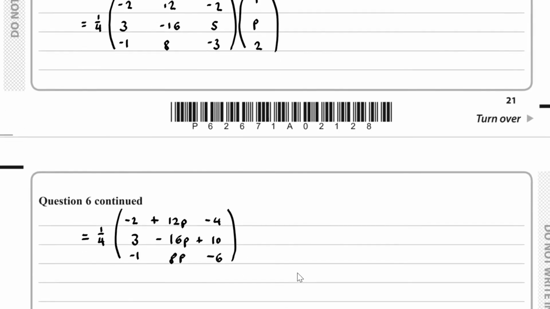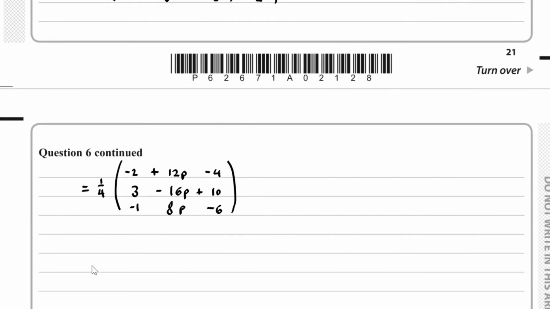So this is what we get, and now what we need to do is simplify all this. So if we tidy this up, we've got 1/4 lots of 12p minus 6, 13 minus 16p, and then 8p minus 7.